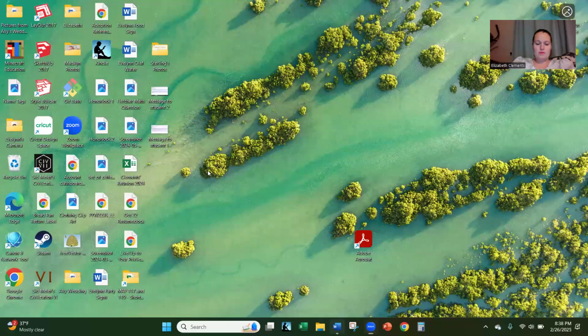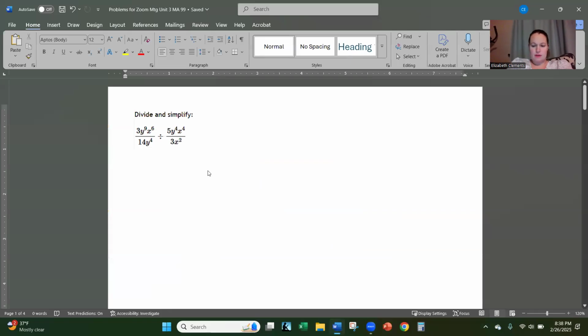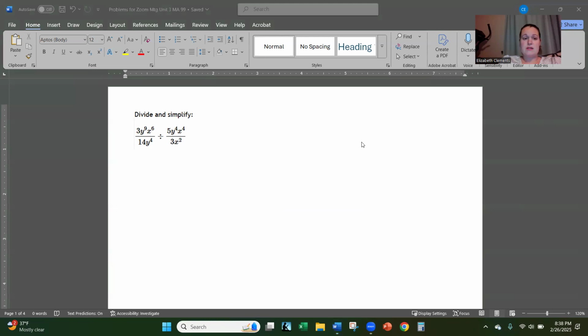Okay, so first problem is this. The first thing we have is dividing rationals. So this test was about rationals, fractions, rational fractions.